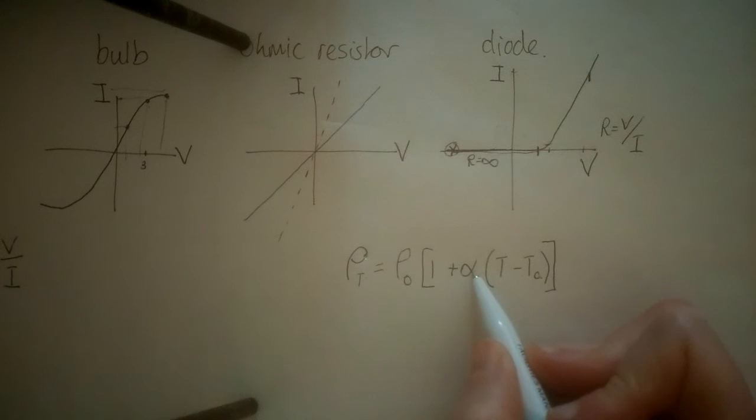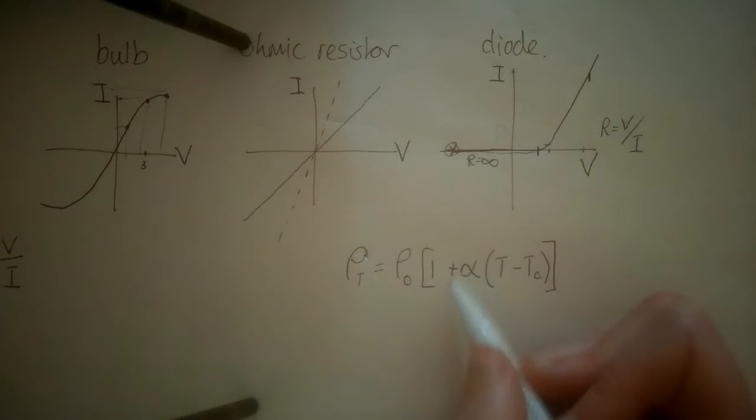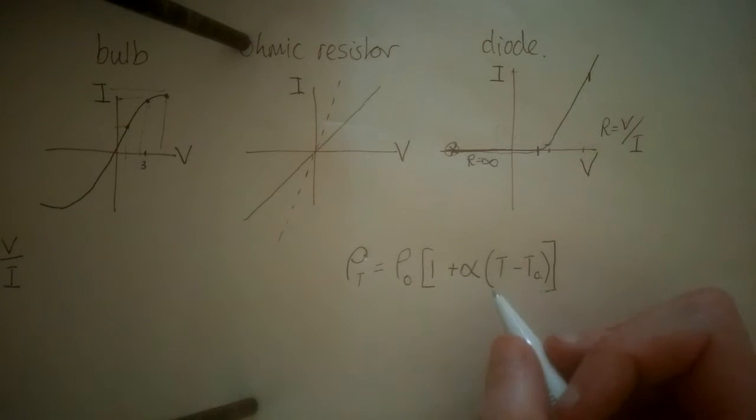That's the temperature coefficient. Most things have got a positive temperature coefficient, and if you think about what that means, the higher the temperature, the higher the resistivity. Thermistors are sometimes called negative temperature coefficient thermistors, and that's because this bit here would become negative, and what that would mean is at a higher temperature the resistance drops.